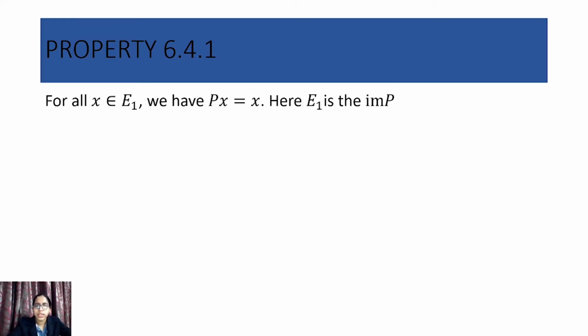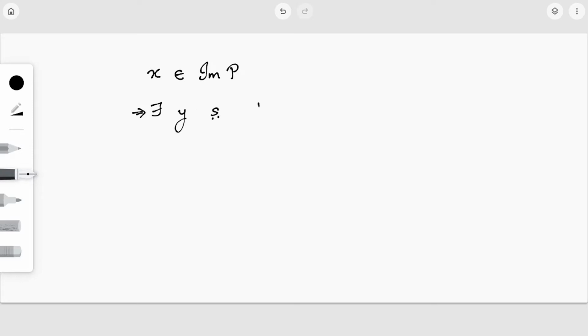The first property is that P when restricted to E1 is identity on E1. So let us suppose that x is an element of the image of P. Then there exists a y such that P of y equal to x.